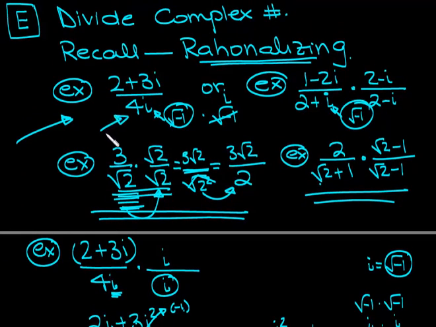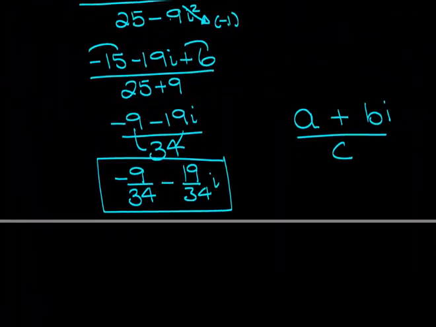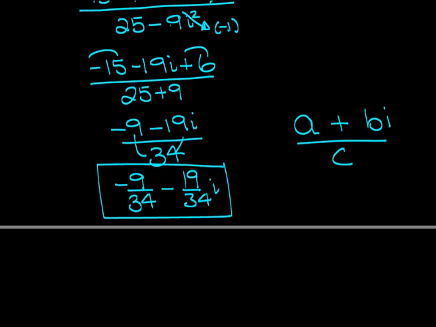That is just like rationalizing, because that's exactly what we did with radicals, because a complex number, in essence, i is in essence a radical. So whenever we have a complex number in the denominator, we have a radical in the denominator. So we want to get rid of that, and that process is called rationalizing. So that's what we did. So I showed you some examples. Make sure you practice the problems so that you can master these concepts.